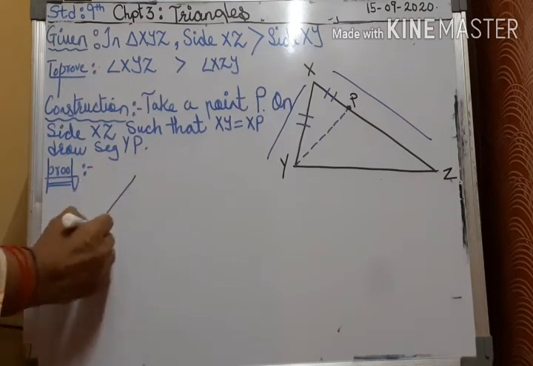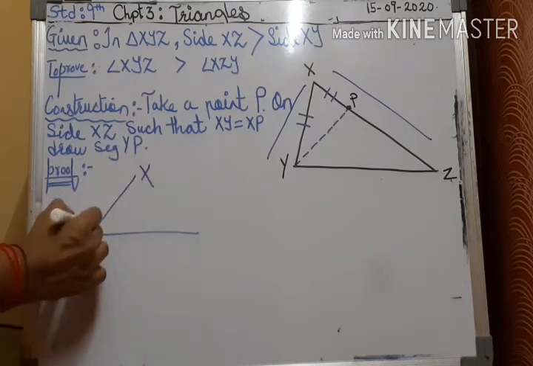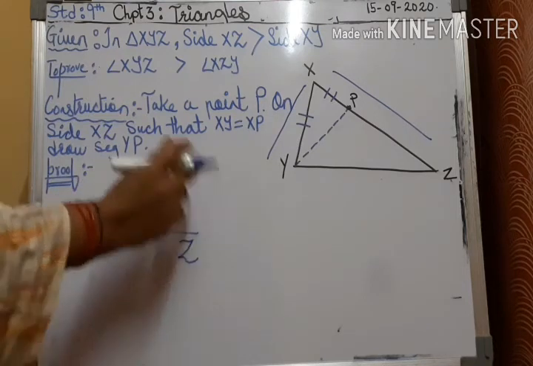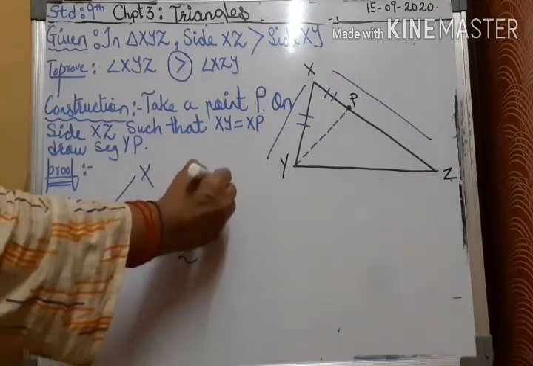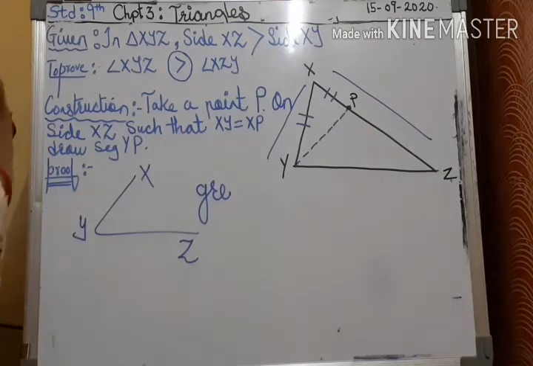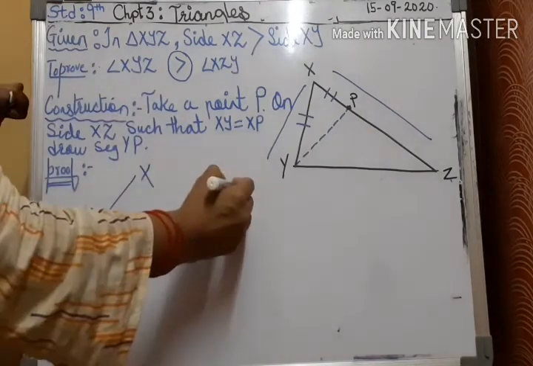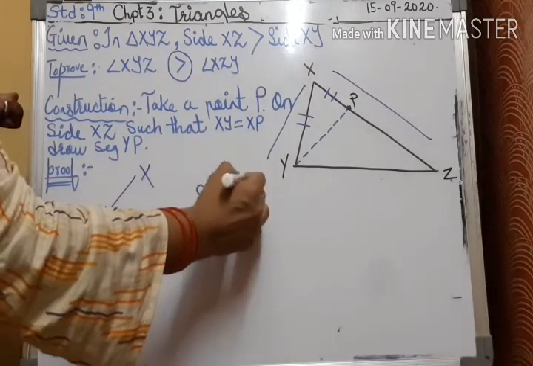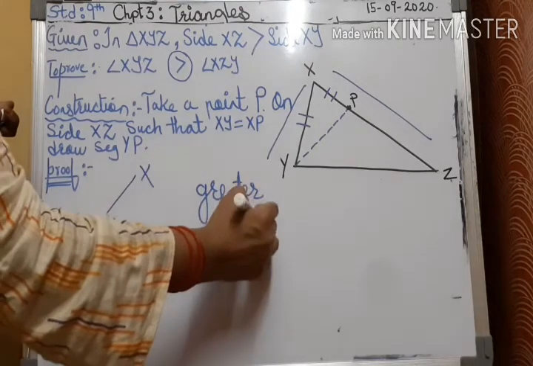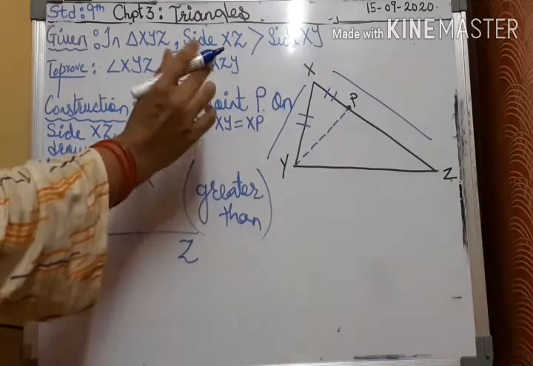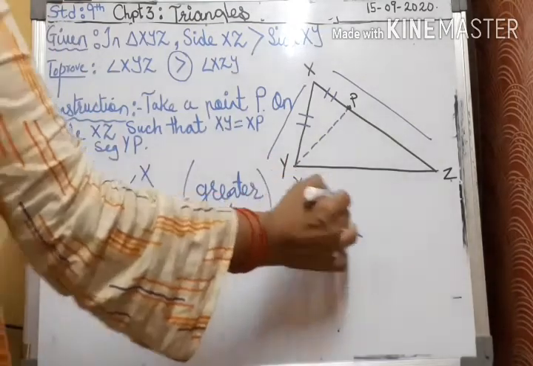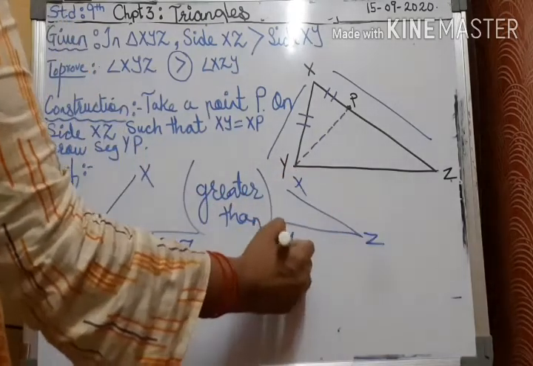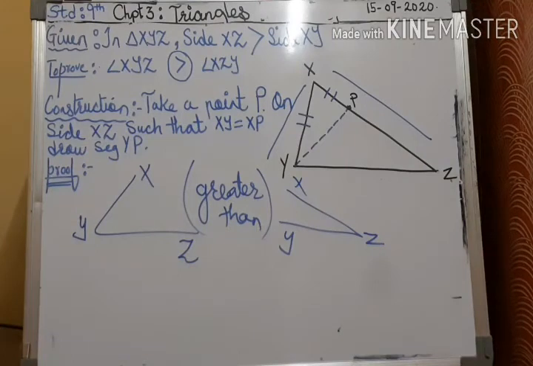Angle XYZ is greater than angle XZY. We want to prove this thing.